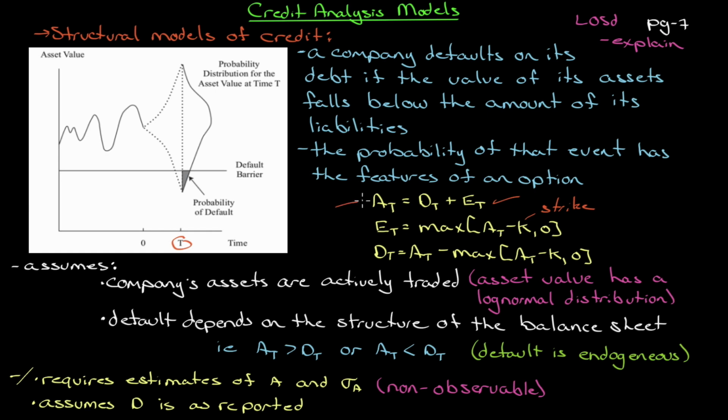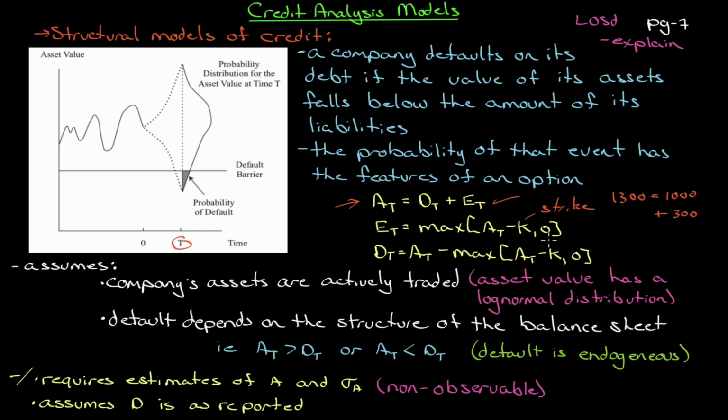The way to see it, using the identity, is that if the assets are worth $1,300, that has to equal the value of the debt plus equity. Our equity would be 300 at that point in time. So our equity is the maximum of AT minus K or 0. Well, that's the payoff to a call. So the structural model says to think of equity as a call option on the company's assets.